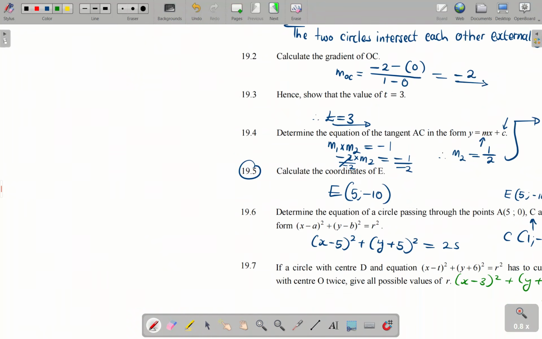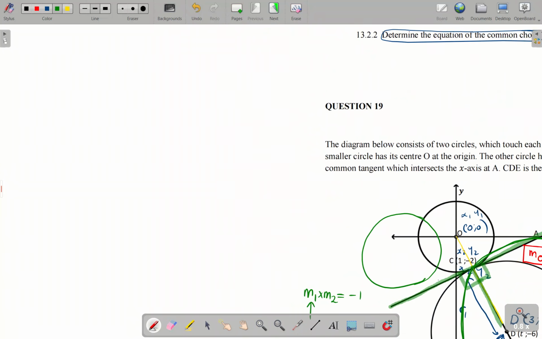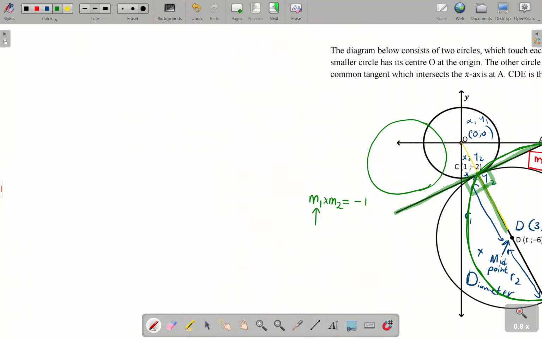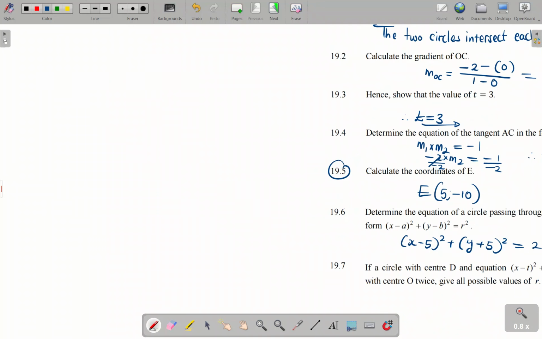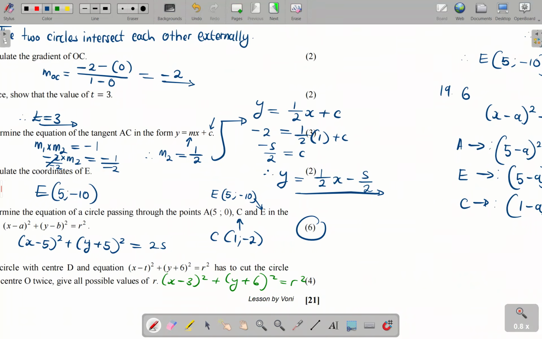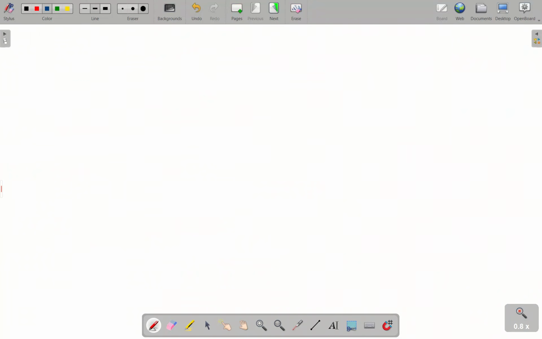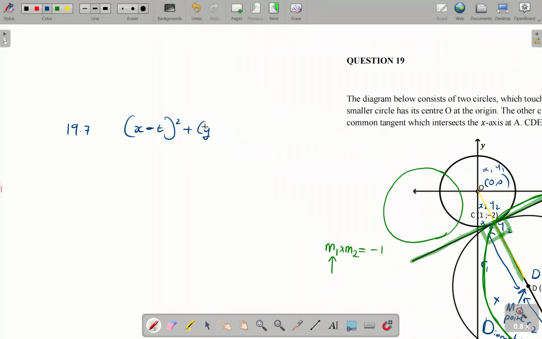So now let's get into the question 19.7. We're given that the equation is x minus t and then squared plus y plus 6 and then squared, which is equal to r squared.